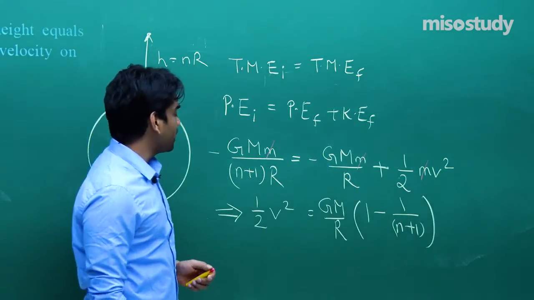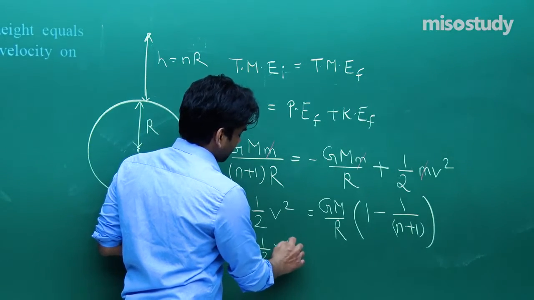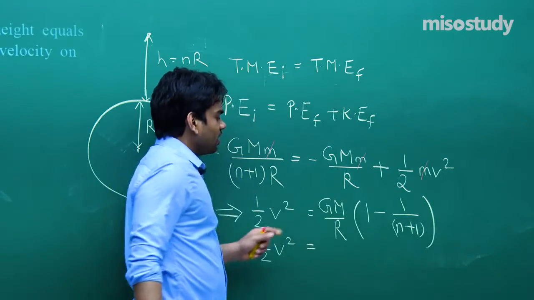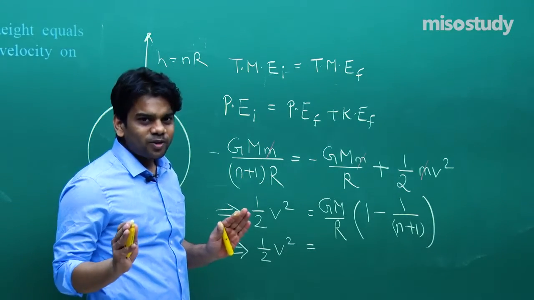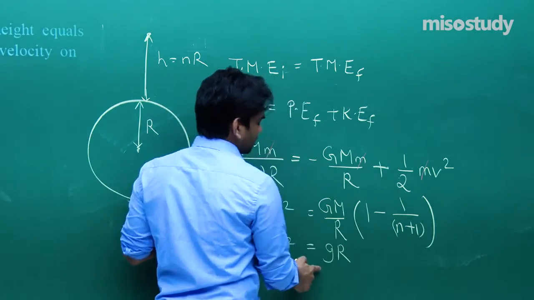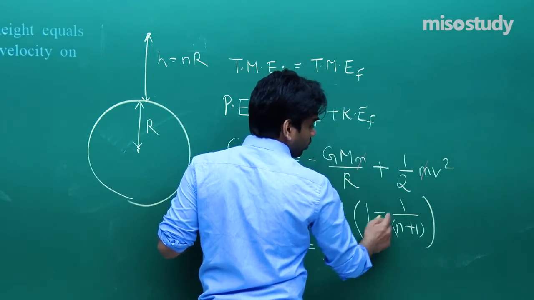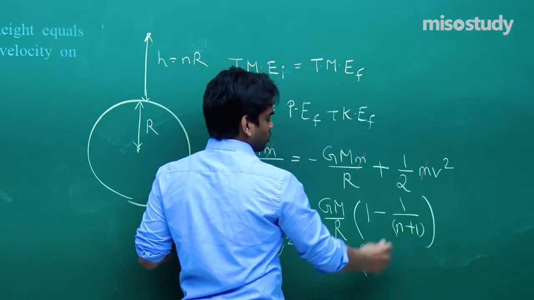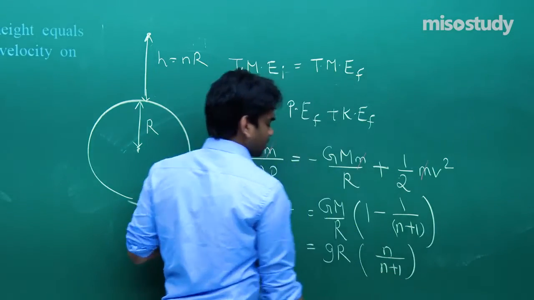Easily you can solve it. You will get half v square equal to GM by R square times R. GM by R square, as we have done already, is g, the acceleration due to gravity, into capital R, times (n plus 1 minus 1) upon n plus 1. You will get n divided by n plus 1.